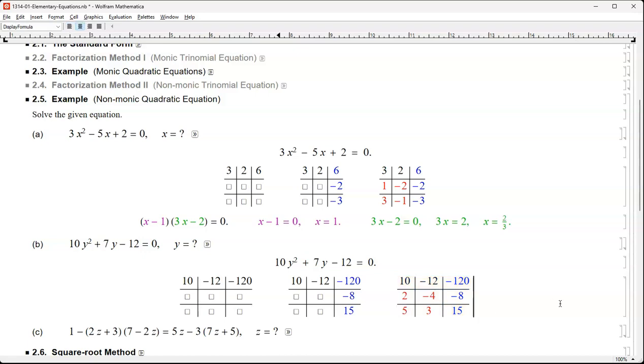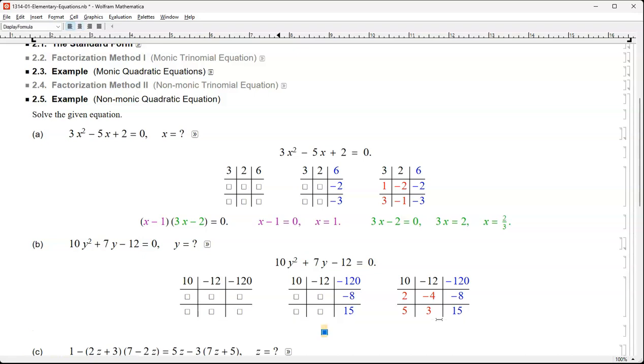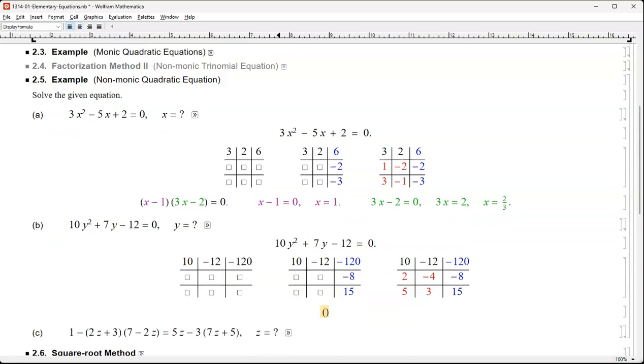Carefully check. Horizontally, vertically, all multiplication, and the first column should be all positive. And then what do you get? Crisscross, cross multiply, you get 2y plus 3, and then 5y minus 4 equals 0.